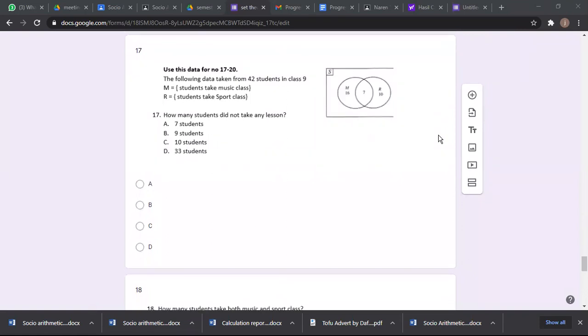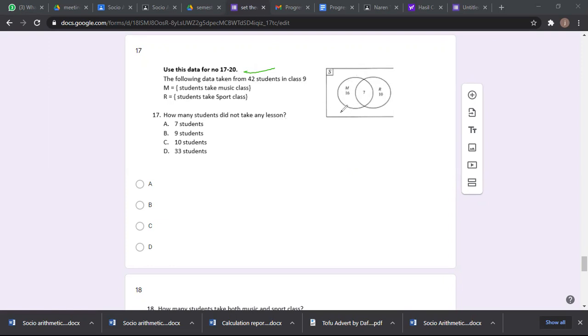And then this is for the last three equations. In here, we have a story. We have 42 students in class 9. M is for students taking music, and then R for taking sport class. So here we have a Venn diagram, and the question is how many students did not take any lesson?